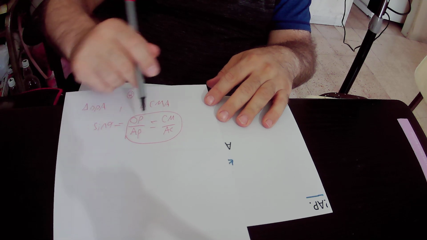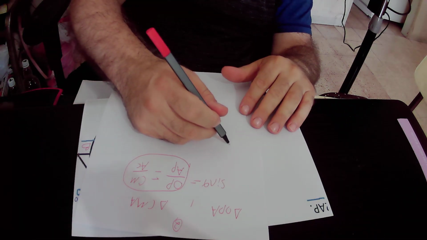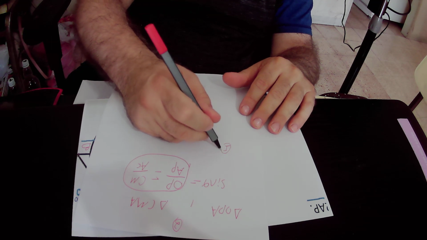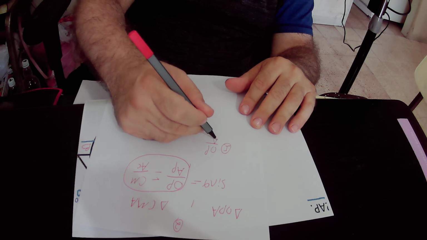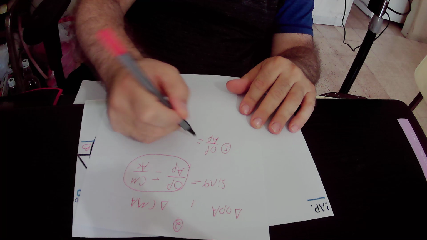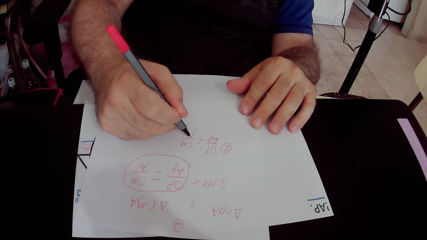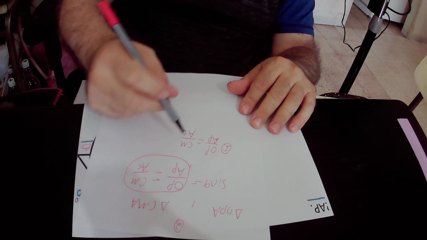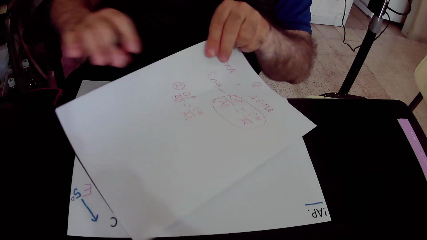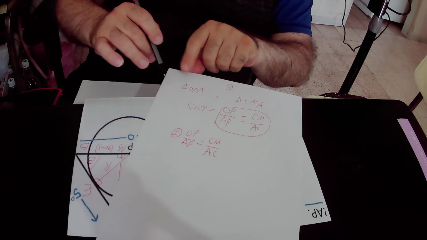So our first equation is OP over AP equals CM over AC.